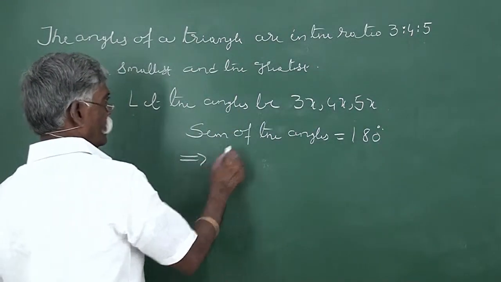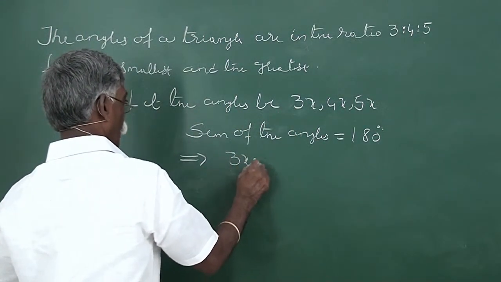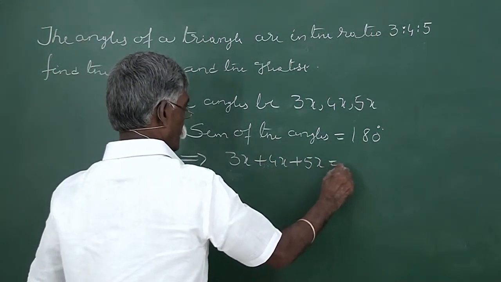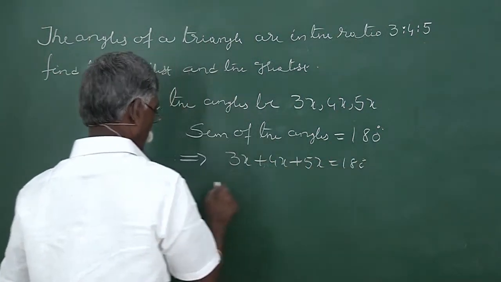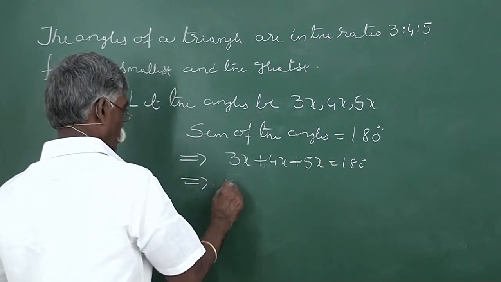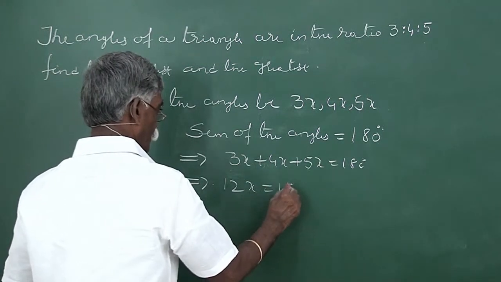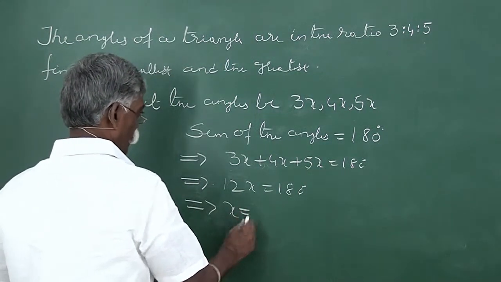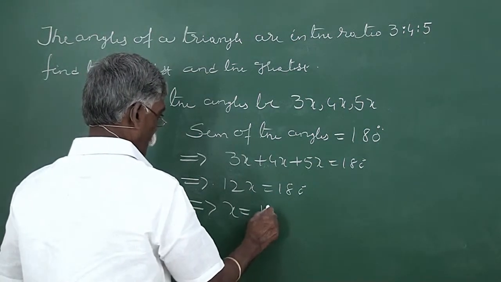This implies 3x plus 4x plus 5x is equal to 180 degrees. And this implies 12x is equal to 180. Thereby, x is equal to 15 degrees.